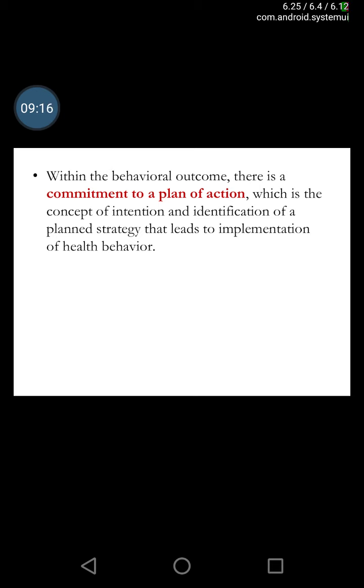After educating the person about risk modification, dietary modification and exercise, the person understands and comes to a point of taking some strategies or a plan of action. Yes, I will do that. Yes, I can manage my dietary regimen. That is the commitment to a plan of action.